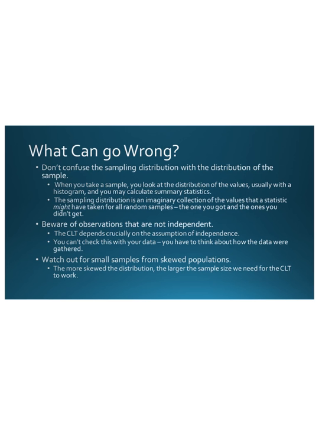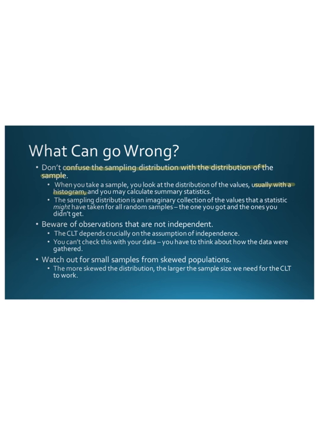Well, what can go wrong? First, don't confuse the sampling distribution with the distribution of the sample. When you take a sample, you look at the distribution of the values, usually with a histogram, and you may calculate summary statistics, meaning you might find the mean and the standard deviation of that sample.